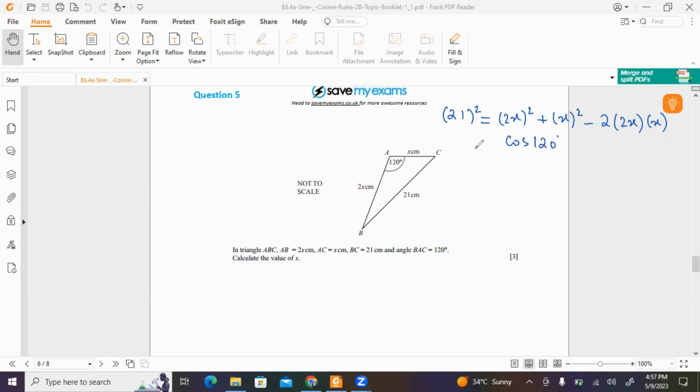So we're going to solve this equation, keeping it in terms of x. 21 squared or 441 equals 4x squared plus x squared minus 4x squared, and cos of 120 is negative 0.5.